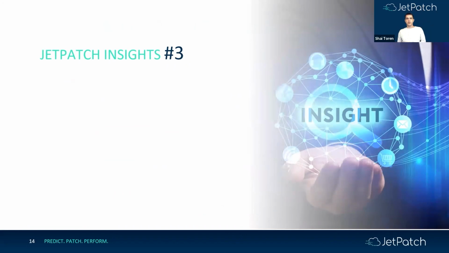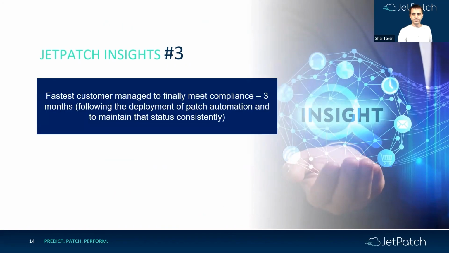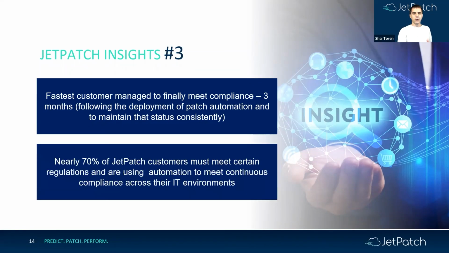Some more insights that I would like to share with you. The fastest customer managed to finally meet the compliance, starting from a situation where they were not in compliance at all. It took them 3 months. That's a very, very fast turnaround to be able to meet the compliance at all the different levels of the organization.